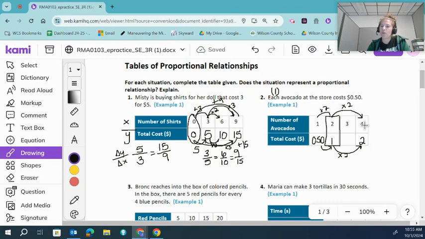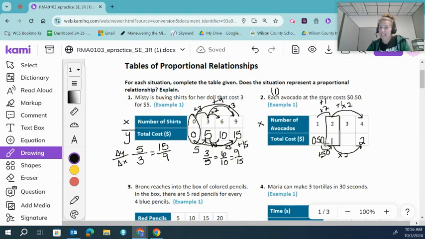Now if we use this idea that we talked about, the change of our y and the change of our x, in this problem my change in the x goes up by 1 each time. Plus 1, plus 1. Well, for every 1 avocado, it increases by 50 cents.